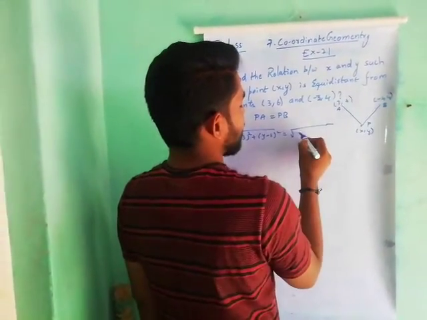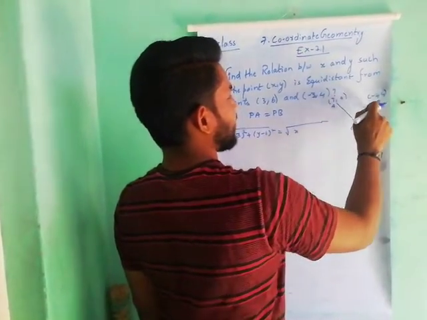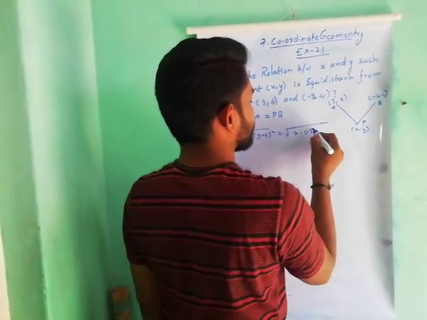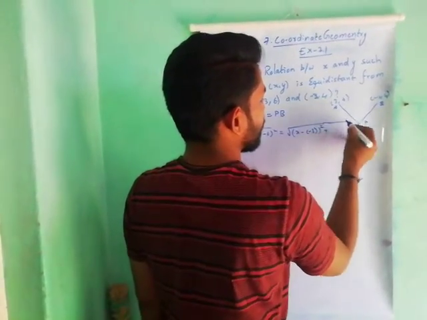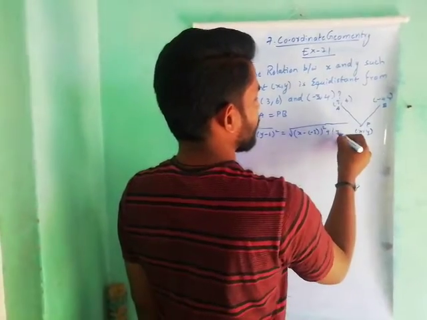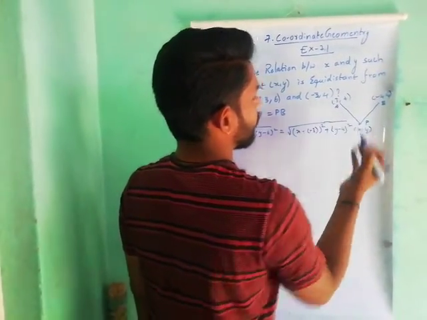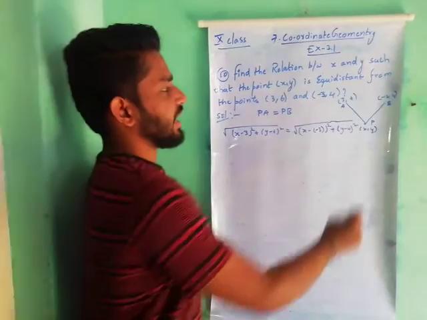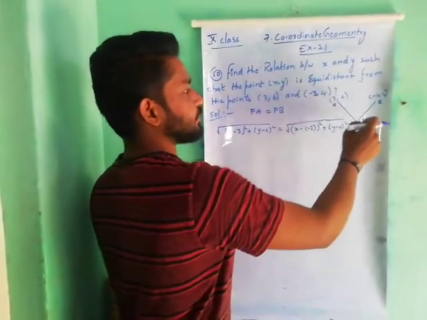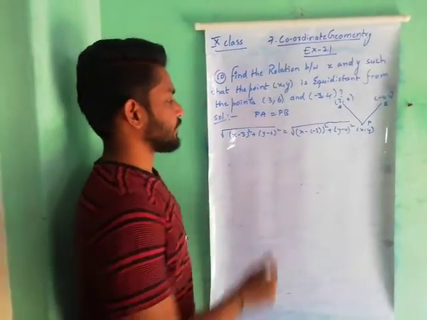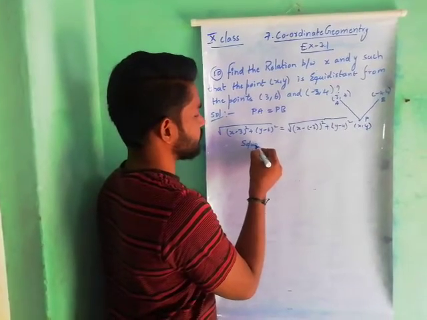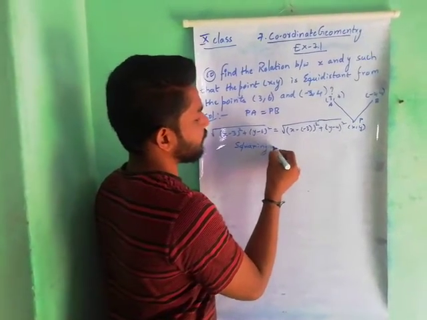And coming to distance between PB, from here, X coordinate difference: X minus of minus 3 whole square. Y coordinate difference: Y minus 4 whole square. Okay. X minus of minus 3 whole square plus Y minus 4 whole square. Squaring on both sides.